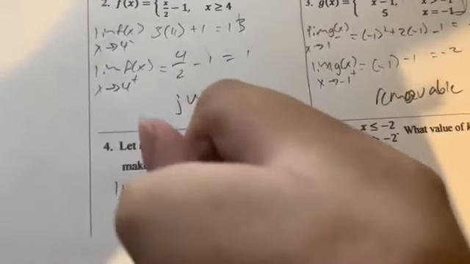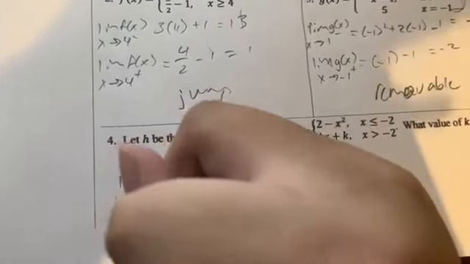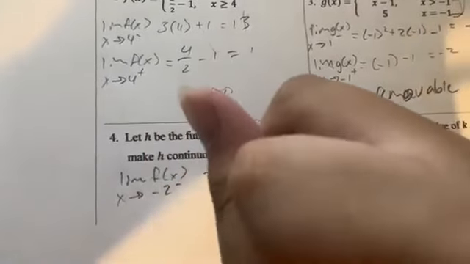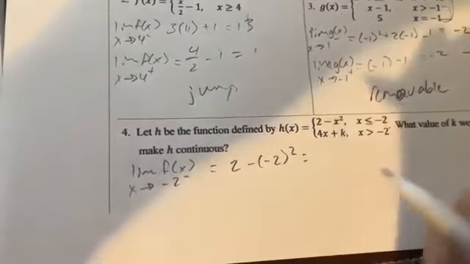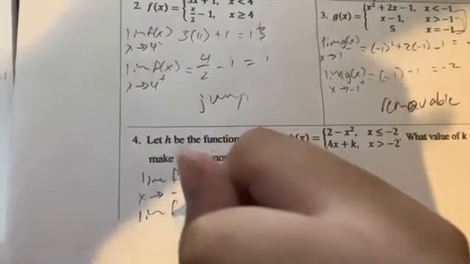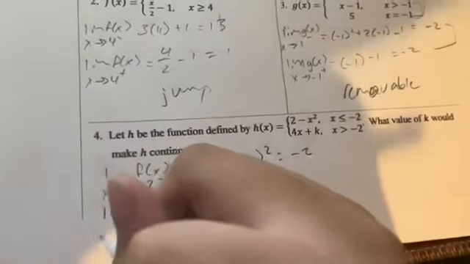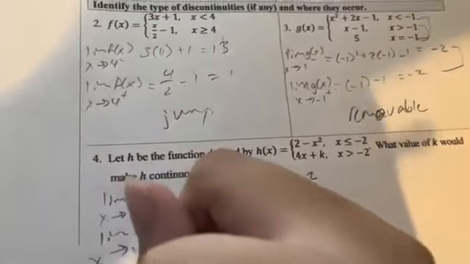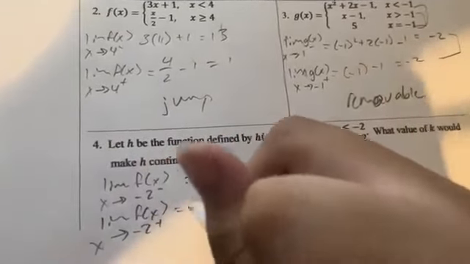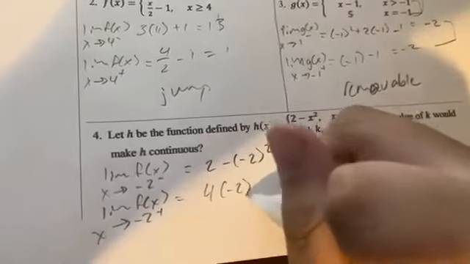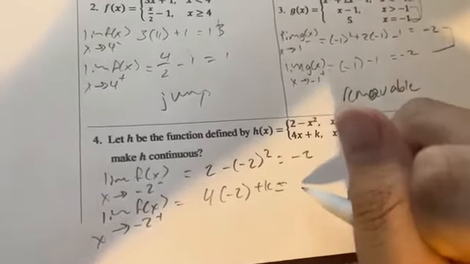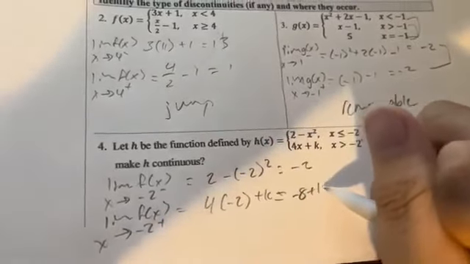So the limit of h of x as x approaches -2 from the left, use this equation, equals 2 minus -2 squared, so then this equals -2. And then the limit of h of x as x approaches -2 from the right, we use this equation, and then it's 4 times -2 plus k, and this just equals -8 plus k.